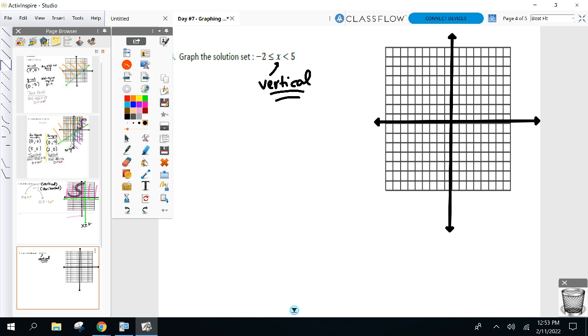Solid, but when you go to 5, dashed. We're going to have a solid one at -2, a dashed one at 5. So let's get that solid one in there at -2. Dashed at 5.